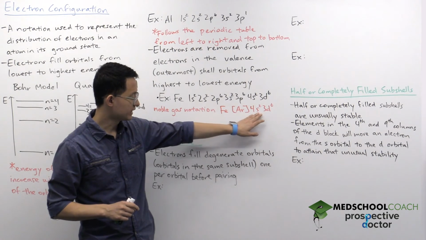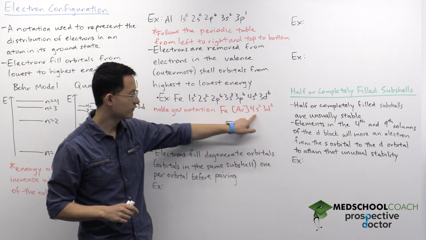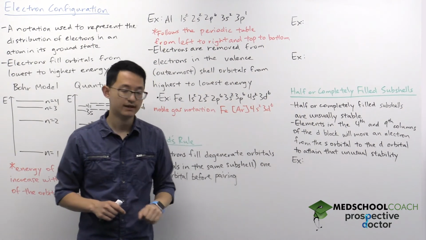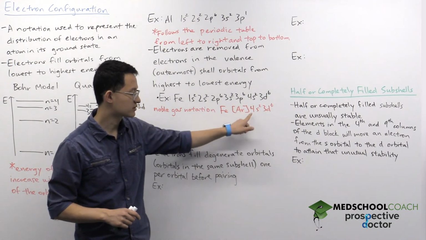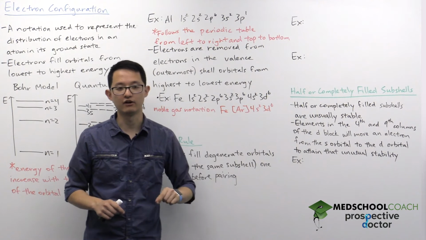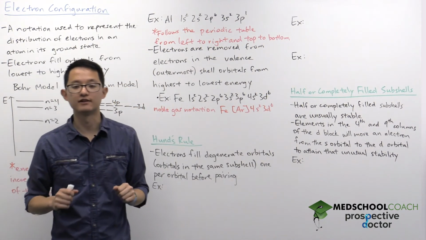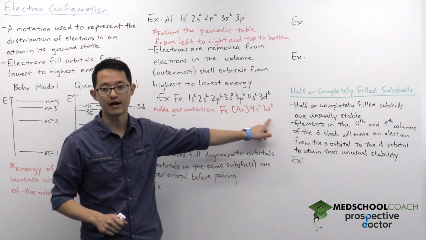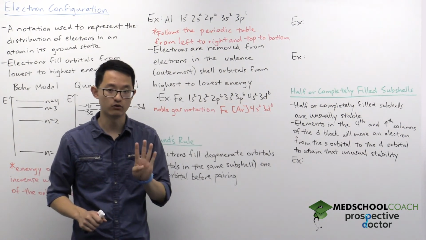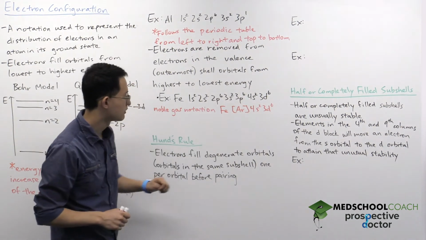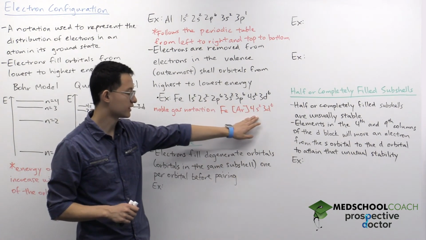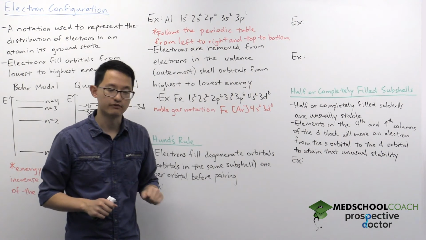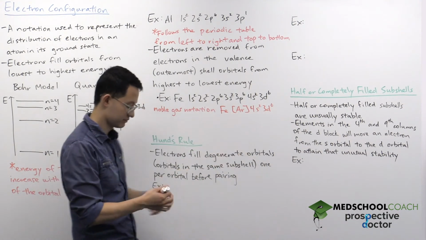So if you see here, you have electrons in the 4s subshell and electrons in the 3d subshell. Between these two shells, the fourth shell and the third shell, the valence shell is the fourth shell. Right? This is the third shell. That's not the outermost shell. The outermost shell is the fourth shell. So that means when you remove electrons, you have to remove electrons from the 4s subshell before you can remove electrons from the 3d subshell.